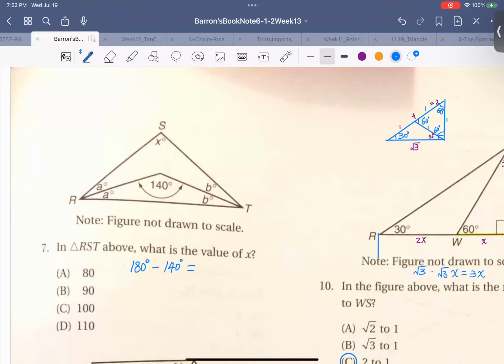This equals 40. So A plus B is 40, right? Yes.